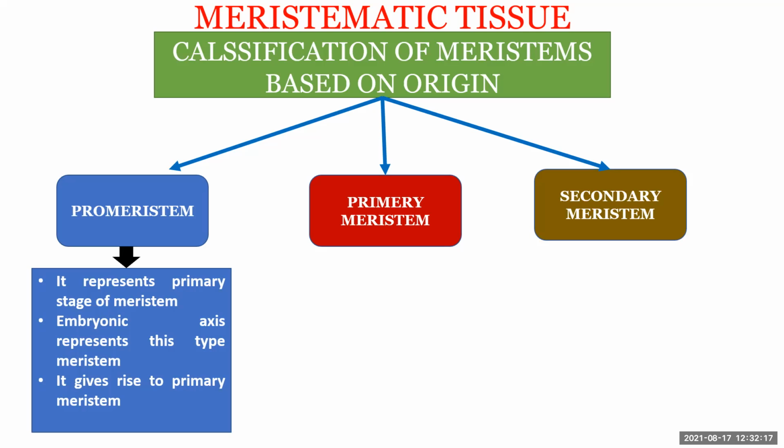The radicle develops into root, and the plumule and cotyledon develop into the shoot system. You all know that. Every cell in the epicotyl, hypocotyl, and radicle has the capacity of division. They divide and produce cells.